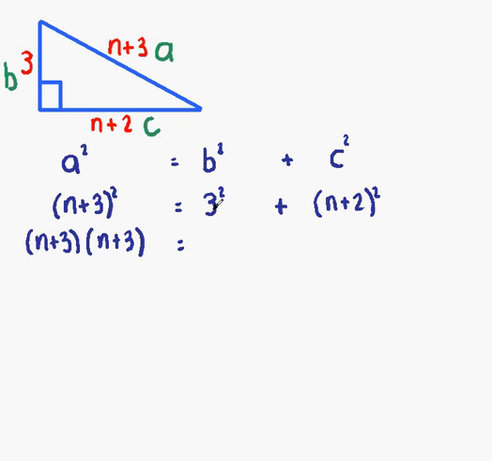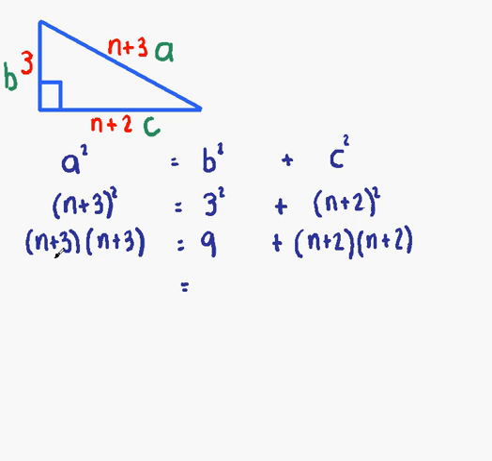On the right hand side we have 3 squared first of all, which means 3 times 3, which is 9. We then have n plus 2 squared, which means n plus 2 multiplied by itself.